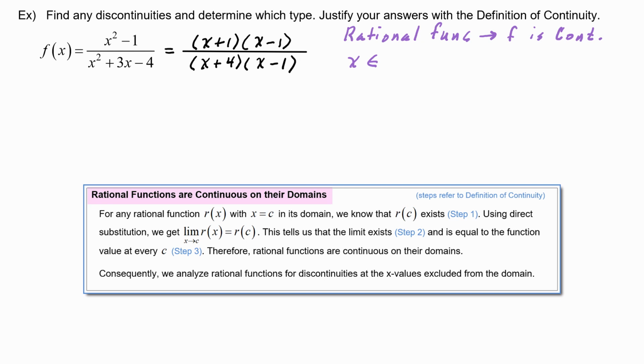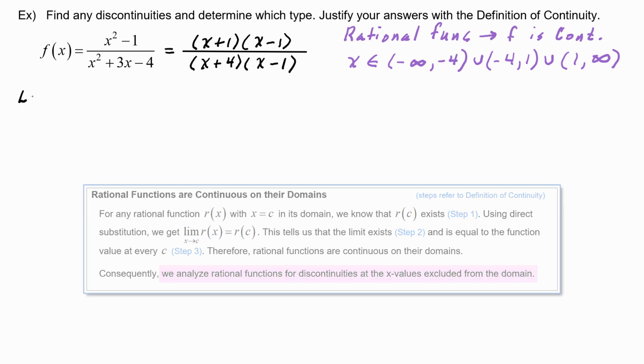So when we write that in interval notation, we say it's the interval from -∞ to -4, union -4 to 1, union 1 to infinity. So x can be anything on the entire number line except for -4 and +1. We will analyze the function for discontinuities at the x values that are excluded from the domain.